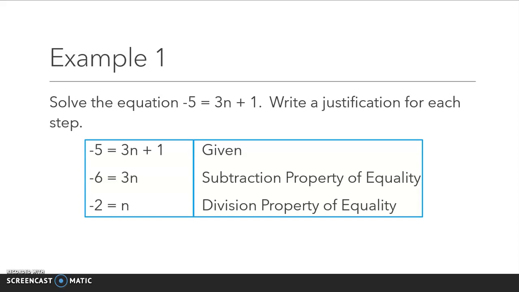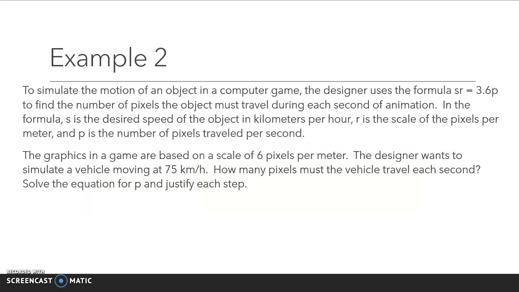So let's take a look at another example. In example 2, it says, to simulate the motion of an object in a computer game, the designer uses the formula SR equals 3.6p. Find the number of pixels the object must travel during each second of animation.